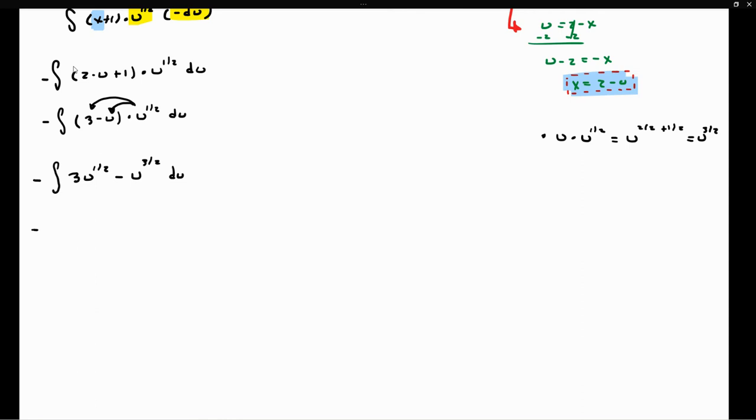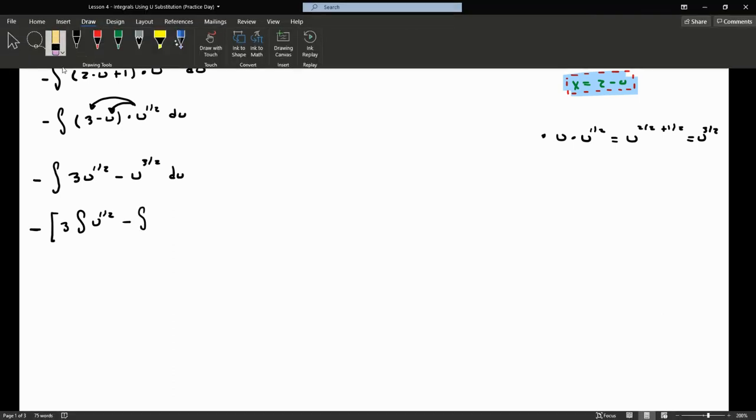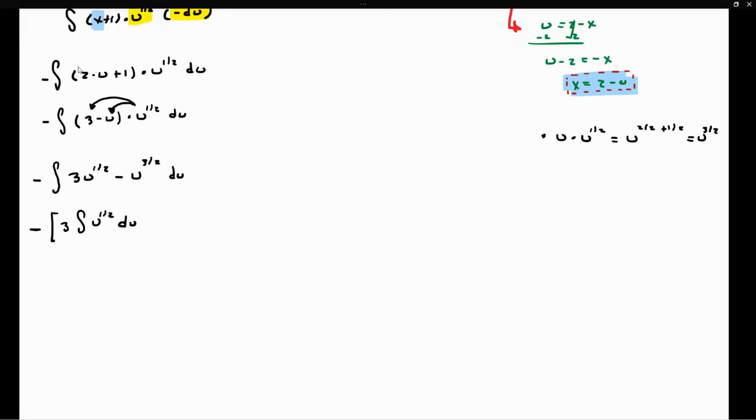So I'm still going to leave that negative in the front. And now I can say, well, my first term, my integration is going to look as follows. Pull the 3 out, take the integral of the variable, and then minus, notice that here I'm forgetting du, because du has to be present in every single term, minus integral of u^(3/2) du.